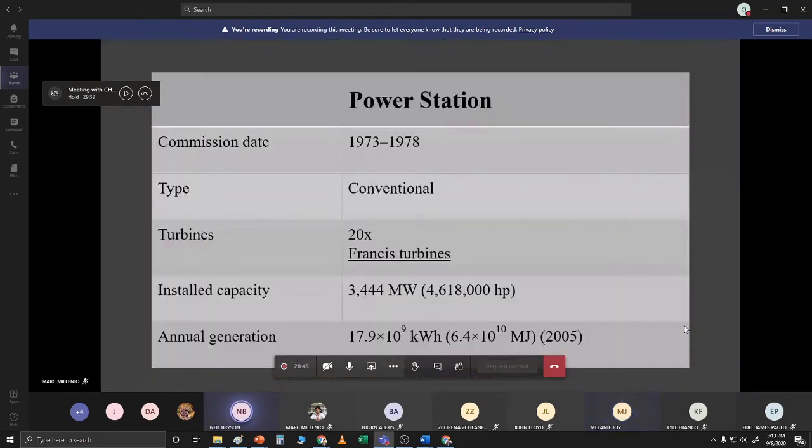Sa power station naman po, nag-commission date po siya ng 1973 to 1978. Yung type po niya is conventional. Kapag daw po sinabing conventional, minsan nahahati sa tatlo, yung may diversion daw po and pump storage. Yung turbines na ginamit po sa kanya is Francis type.